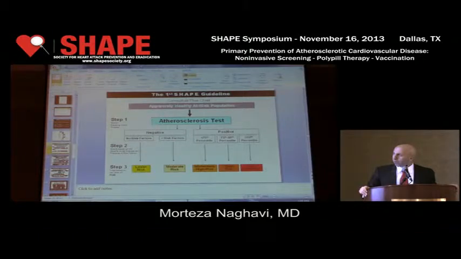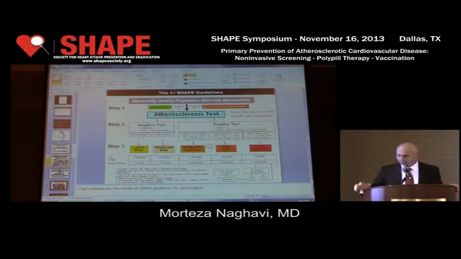If you're negative, your approach should be different than if you're positive. And if you're positive, regardless of your normal LDL and normal cholesterol, you need to get treated. It is amazing that after 7 years we're hearing that some people have started to wake up to it. So the SHAPE guideline went further to break it down by categories.